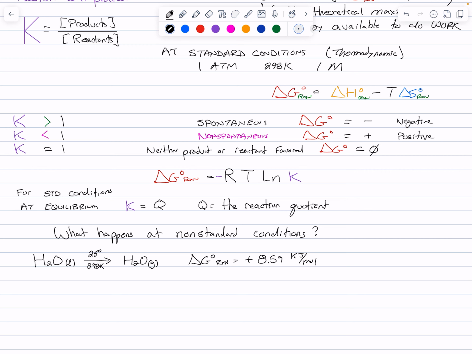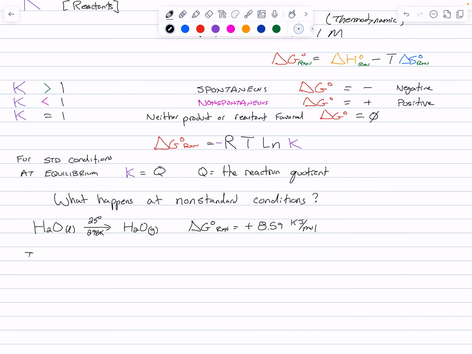It takes energy to vaporize water. Yet water evaporates at room temperature.